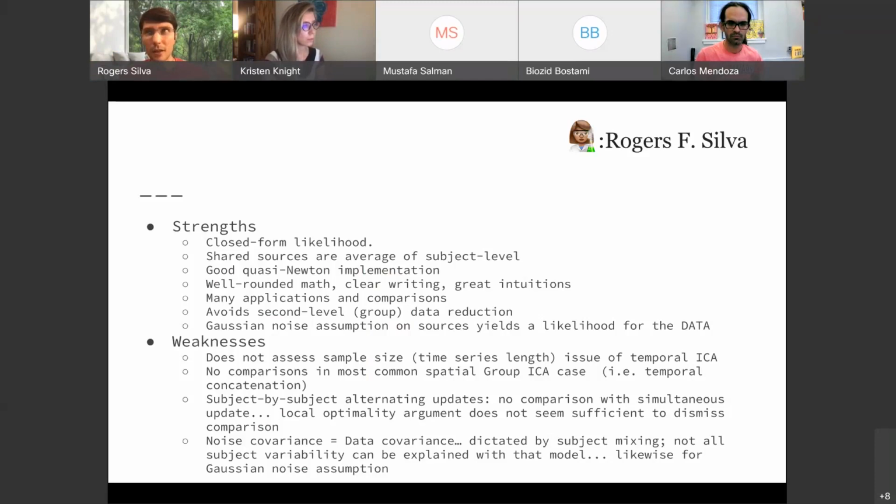And the same argument could be made about the Gaussian noise assumption on the components. I don't have great confidence that all of possible subject variability from the mean component map or the group component map is going to be sufficient to capture all of that possible variation. I don't know if a Gaussian assumption would be sufficient.